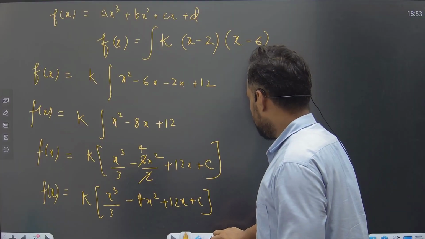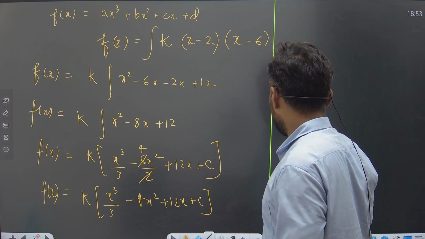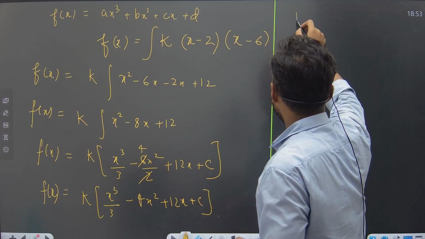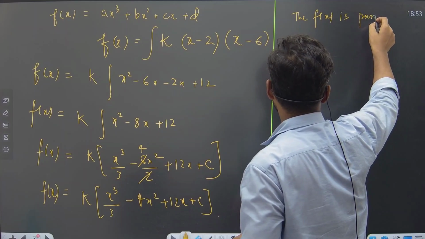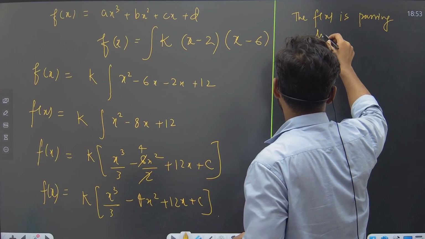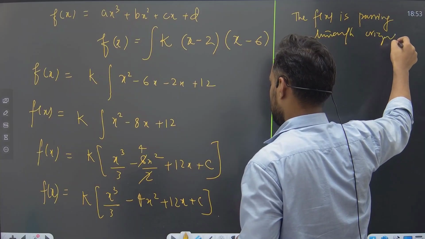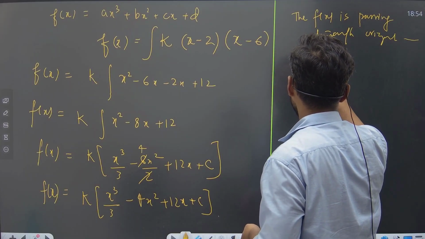Obviously, if this particular function f(x) is passing through the origin, the constant value will be 0.